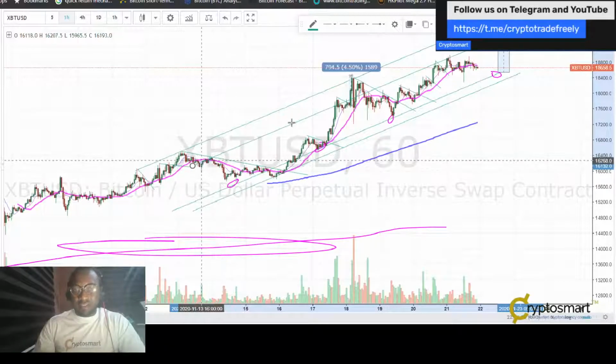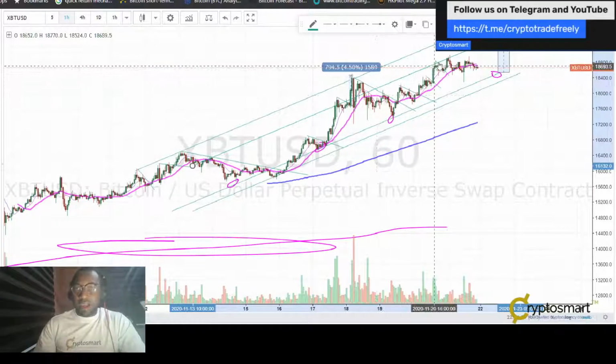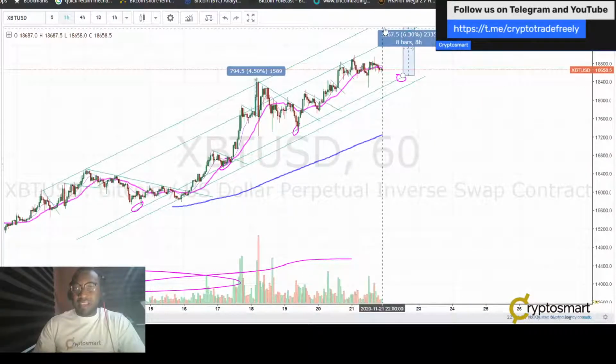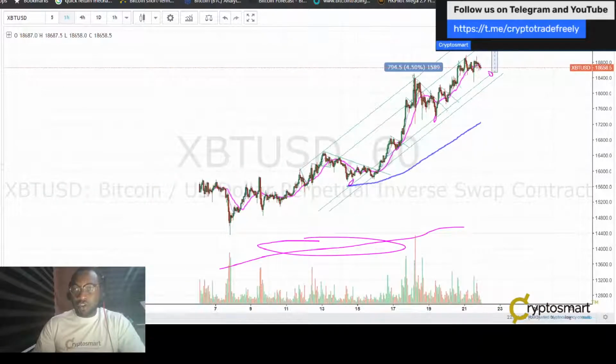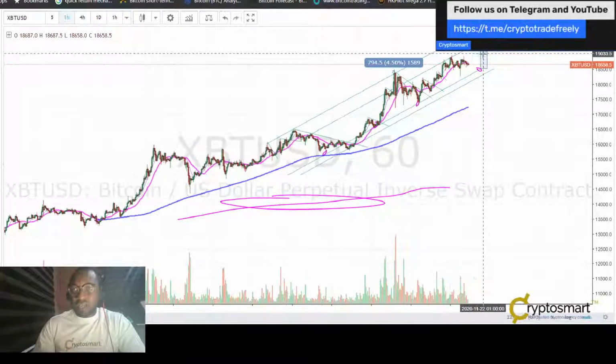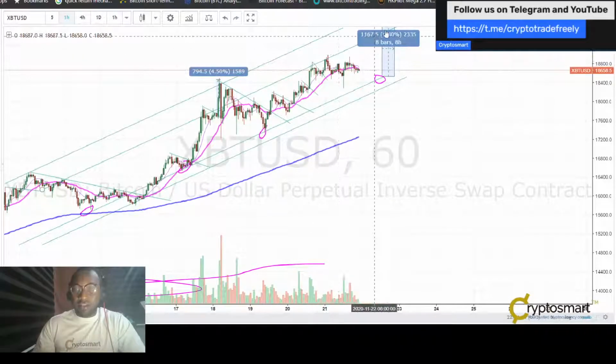I have a resistance. If you look at my uptrend, I have a resistance here, here, here, and here. So in case Bitcoin does not get to the major resistance, which is around 19,800, I'm projecting it to get to this initial minor resistance, which is around 19,500.